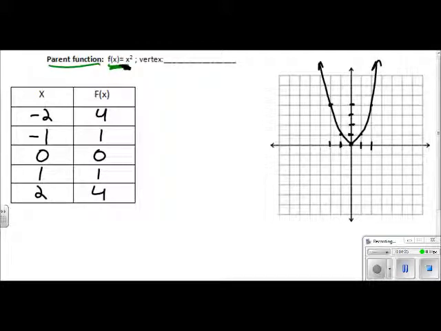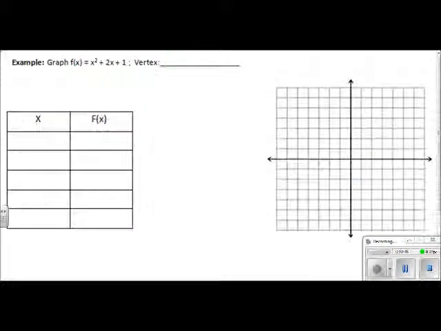So with this, what we have here is our basic parent function. All other parabolas are going to look similar to this, and in fact just be kind of twisted or shaped according to this. Again, that vertex, the point where it stems from, in the parent function, our vertex is 0, 0. So that was our things to be aware of.